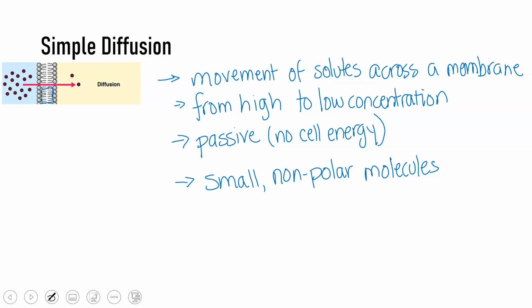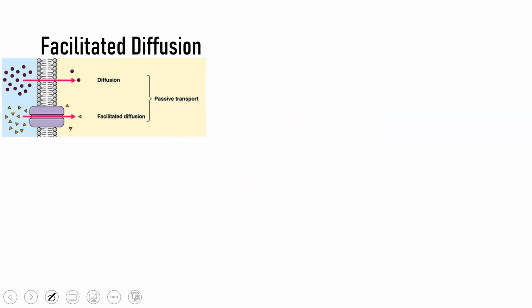What about for the molecules that can't get through on their own? For those, we have facilitated diffusion. So in facilitated diffusion, the molecules still move from high to low concentration. Okay, you can see they move from an area of high concentration to an area of low concentration.